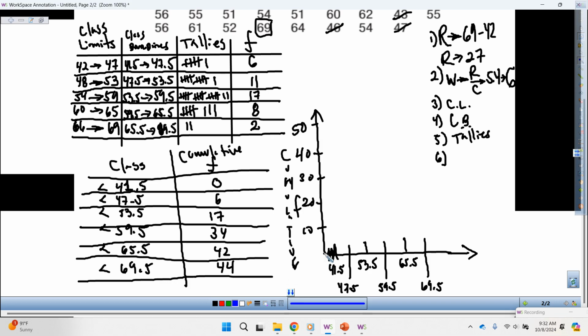0 and 0. 41.5, yes. So right here, right on the x-axis. All right, next. 47.5 to 6, about right there.